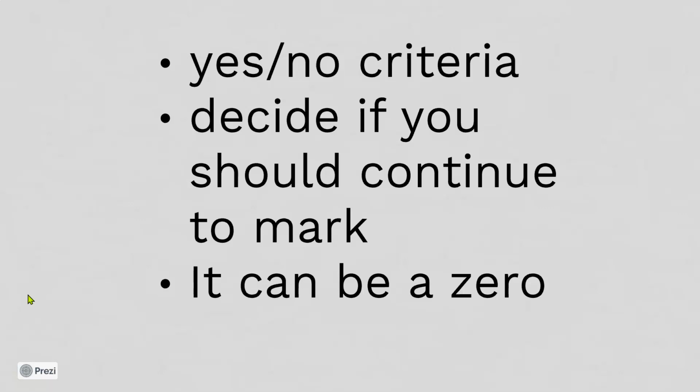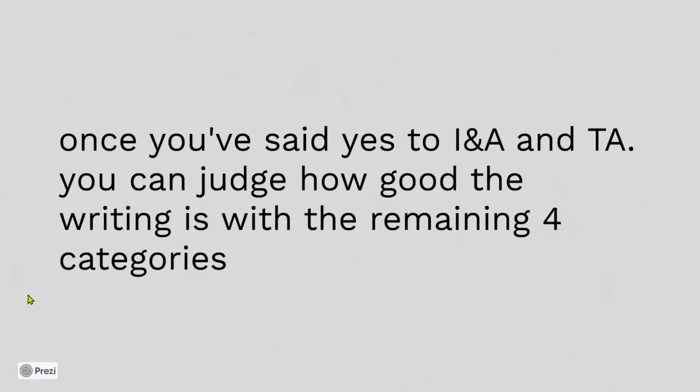That will be the deciding factor in whether you should continue to mark that piece of work or not. If the work is not on topic or isn't of appropriate impact and appropriacy, then it can be given a 0, and we will talk about that in more detail a bit later. Once we've said yes to impact and appropriacy and task achievement, we can then judge how good the writing is with the remaining four categories.